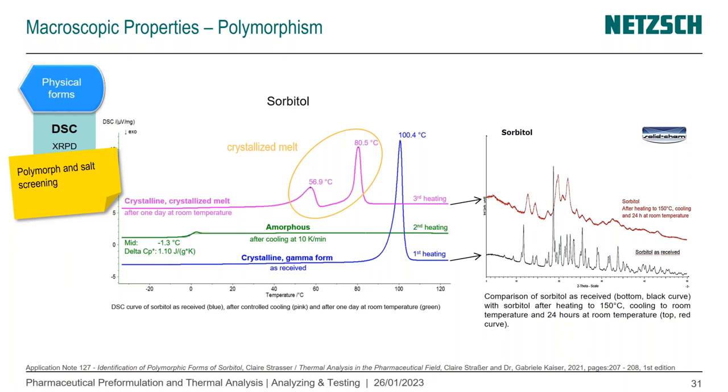Another point where we can use DSC is salt screening. If we have a drug that is poorly water soluble, but we can change its structure, forming a salt from it, and the salt formation will not change the pharmacological effect and will increase the water solubility, then we can create salts.